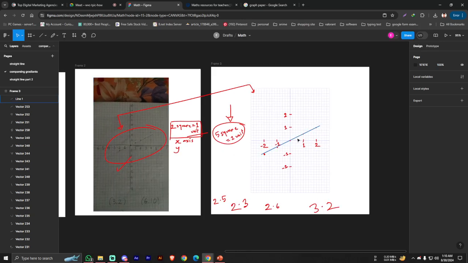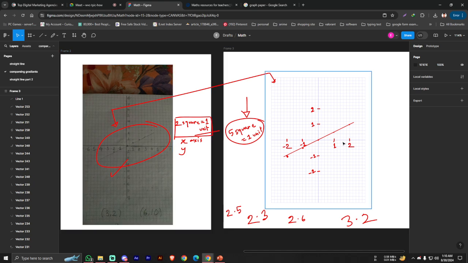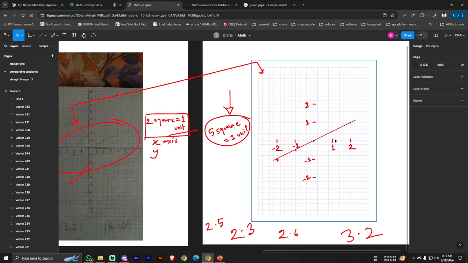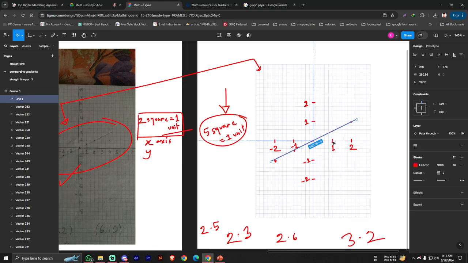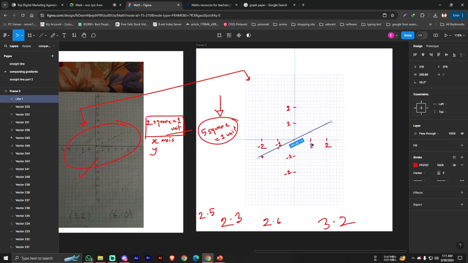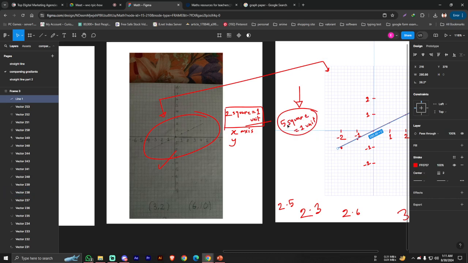It's the same graph as you drew in this picture right here. Same graph, no difference. But what happens here is that we get a more zoomed version of the graph, right? So same thing, but if you take more squares in one unit, that means you're drawing it a little bit bigger.